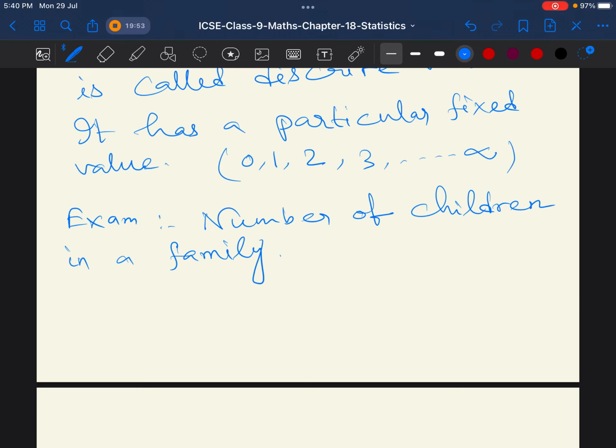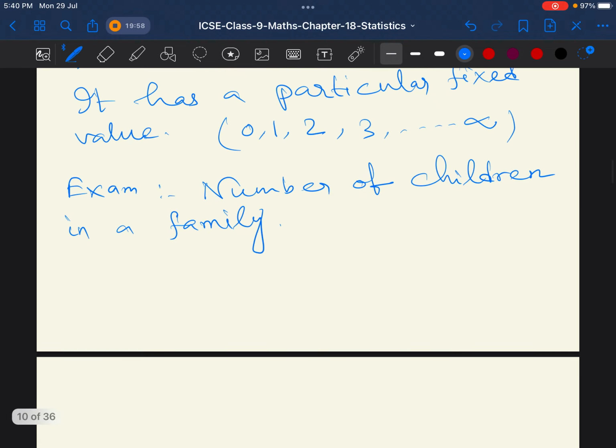This is the discrete variable. So this will be 1 or 2, not 0.5, not 0.6. This will be 1, 2, 3.